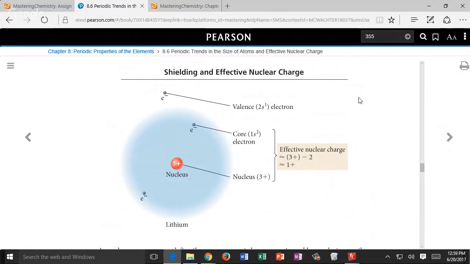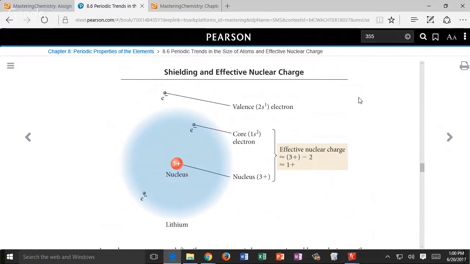So we'll start with lithium. Lithium has 3 electrons, 1 valence electron and 2 core electrons, and a nucleus of +3. You take that +3 nucleus, subtract the 2 electrons, and the valence electron is feeling about a +1 effective nuclear charge.